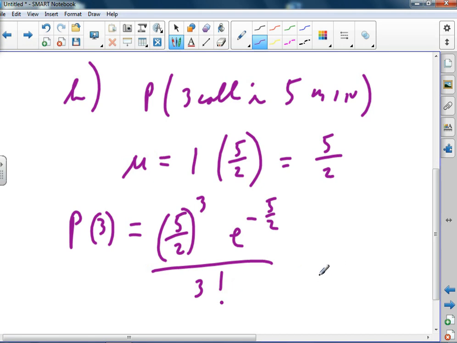That's what the equation on page 220 tells us to do. Now the issue is, can we put it in our calculator?